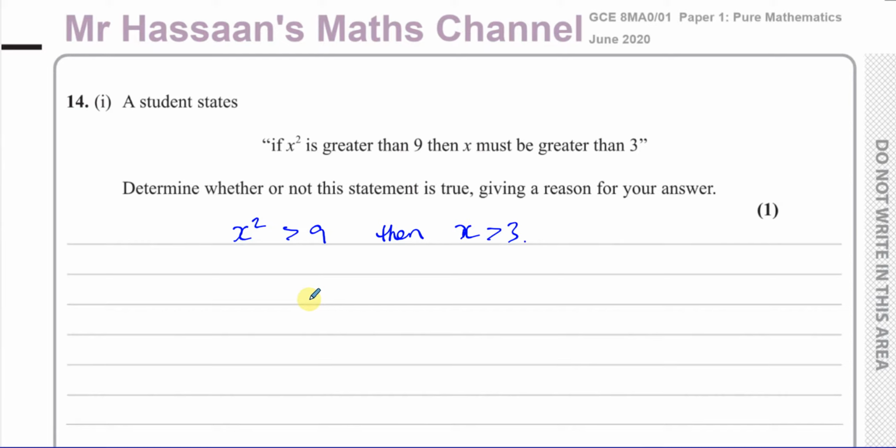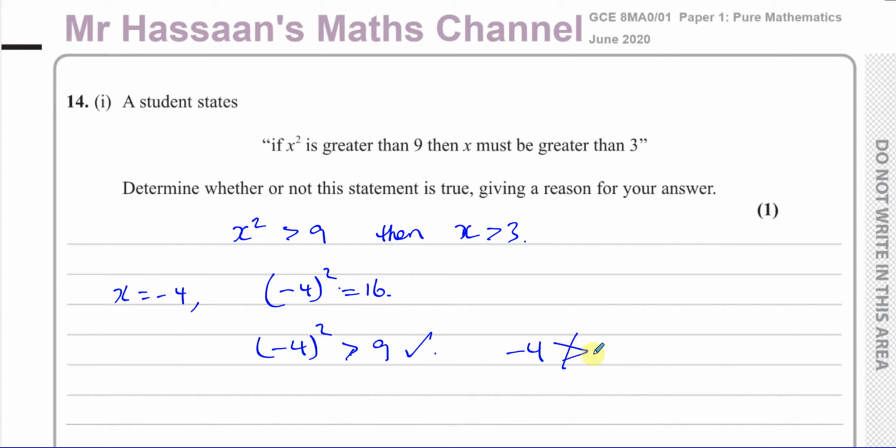For example, if I choose x equals negative 4, minus 4 squared is going to give you 16. So we can say minus 4 squared is greater than 9. That's true. But minus 4 is not greater than 3. In fact, minus 4 is less than 3. So the statement is false.